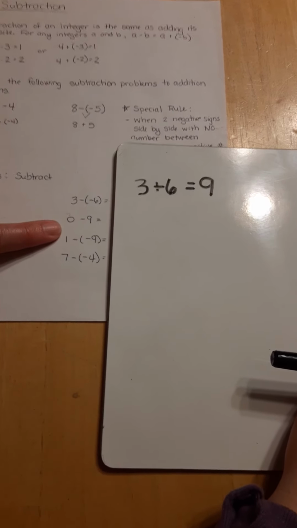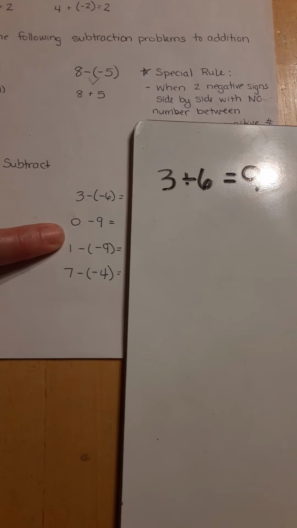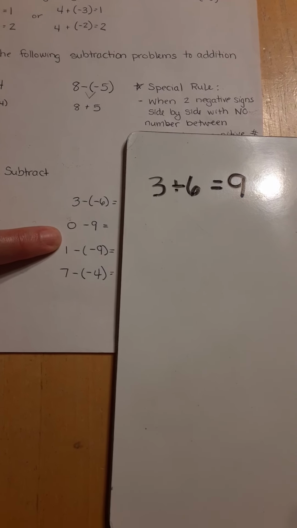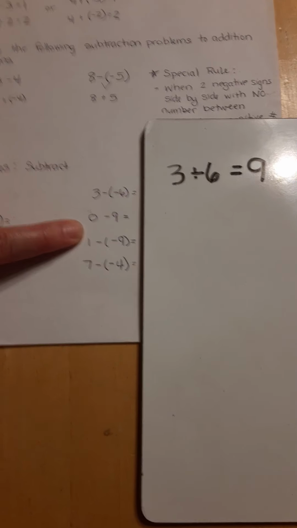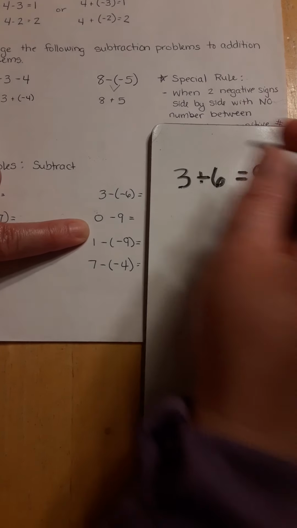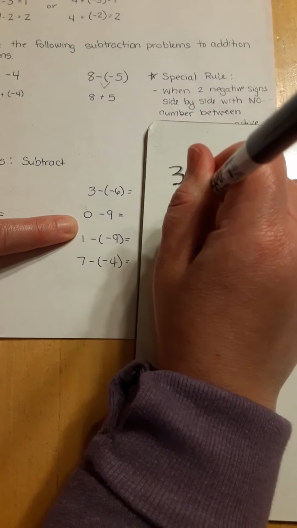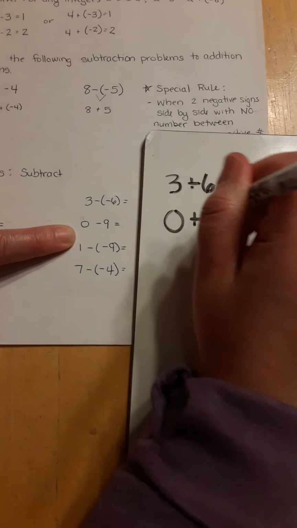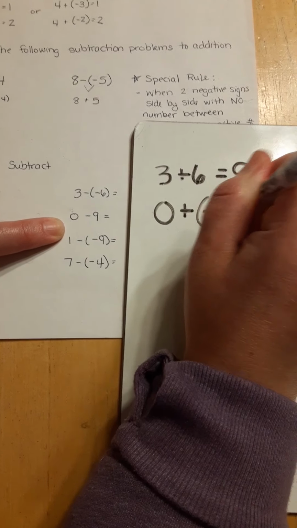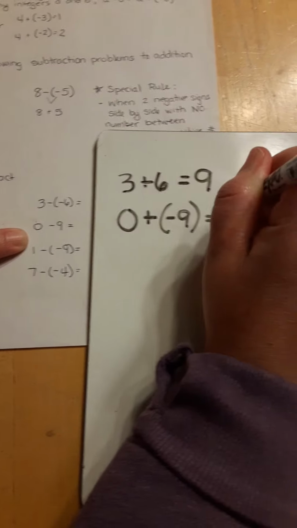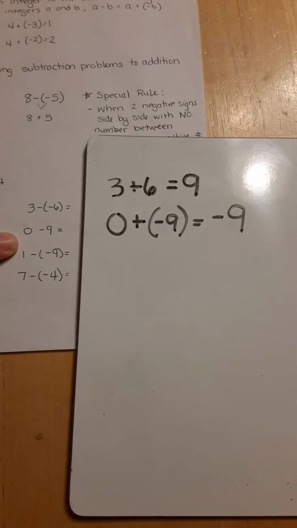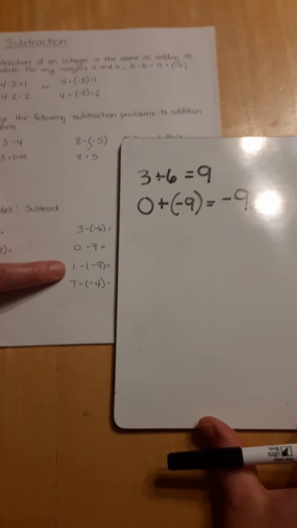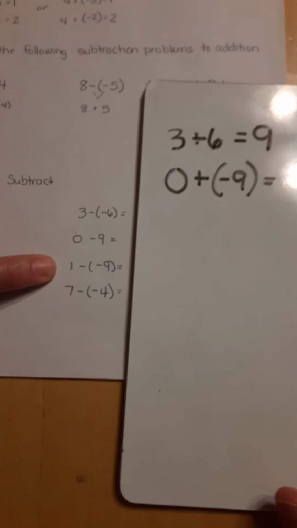Take a look at this next one. Okay, so we should have turned it to an addition problem. So 0 plus the negative 9, and my final answer would have been a negative 9. Okay, do the third one here.